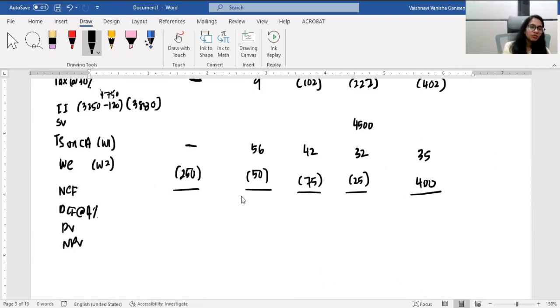So net cash flow, you should get 4130 negative, negative 80, 330, 655, 6050.